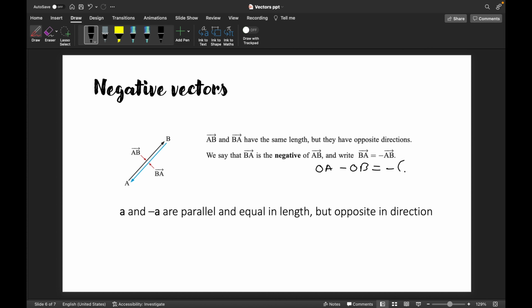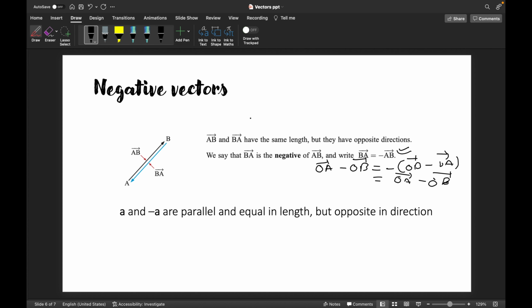This would be minus of, this would be OB minus OA. This would be OA minus OB. These two are the same, right? And hence, this is in fact true. And A and minus A are parallel and equal in length, but opposite in direction. That's what a negative vector is. They're the same magnitude, same length, but opposite direction.